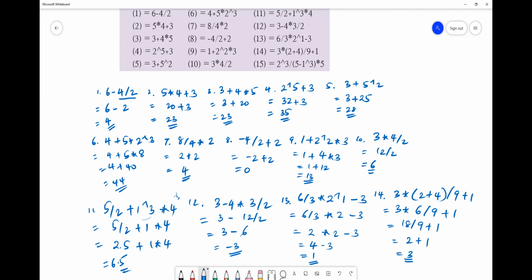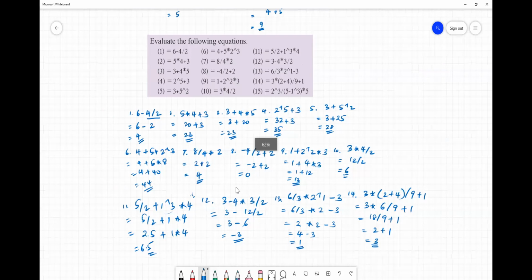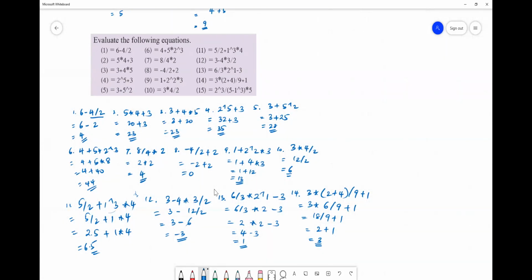Right, last one. So we have the last one, that is number 15. We have 2 to the power 3 divided by 5 minus 1 to the power 3 into 5. Right. So we have to first of all work on the brackets.